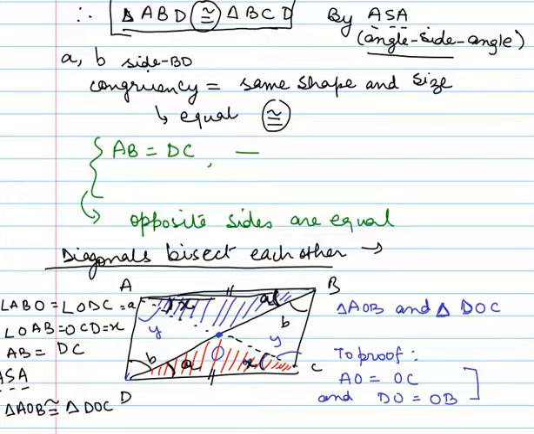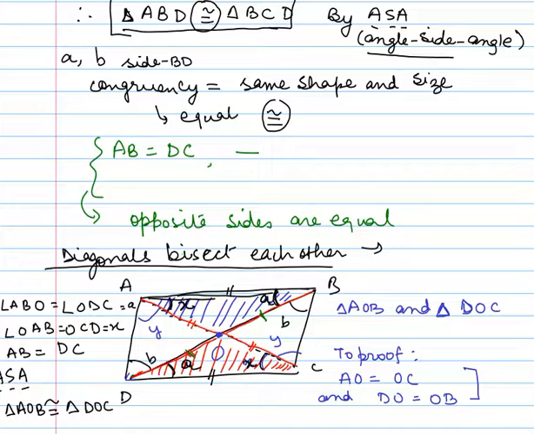Because these two triangles are congruent to each other, the corresponding sides are equal. Therefore, diagonals bisect each other, means side AO is equal to side OC, whereas DO side is equal to OB. So this proves that the diagonals in a parallelogram bisect each other.